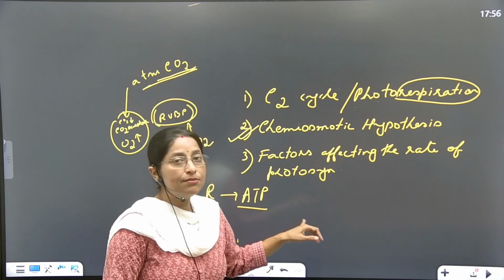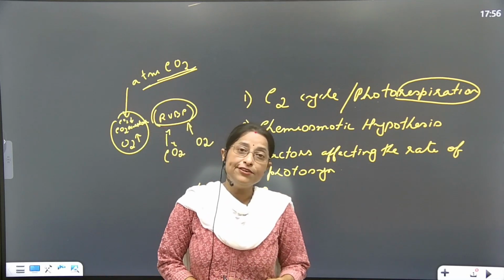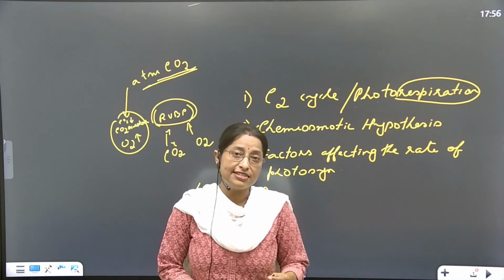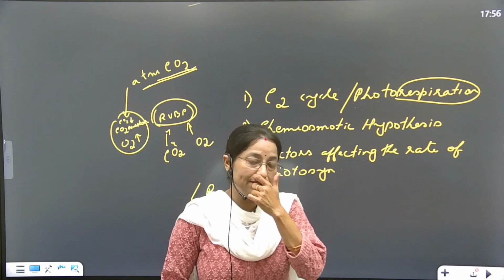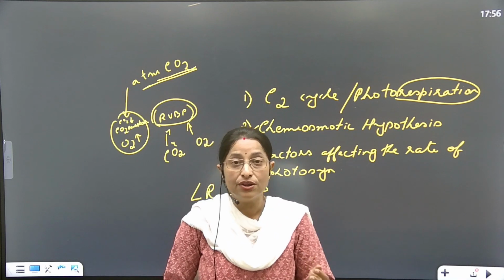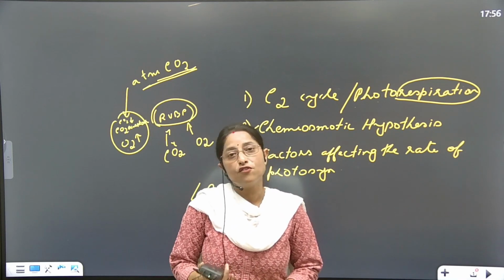When we are talking about ATP formation, the point to be remembered is that ATP is not only formed during photosynthesis, obviously it is formed during respiration also. If I ask you why we respire, we respire to get energy, and energy in the form of ATP.